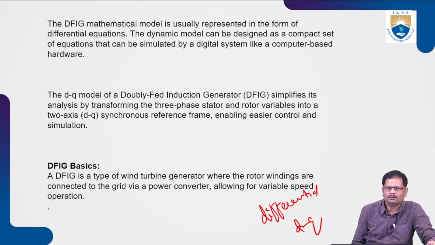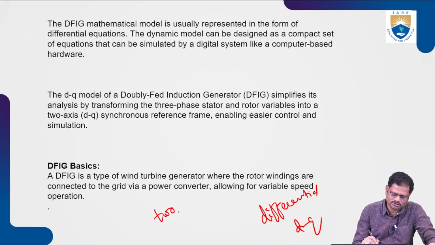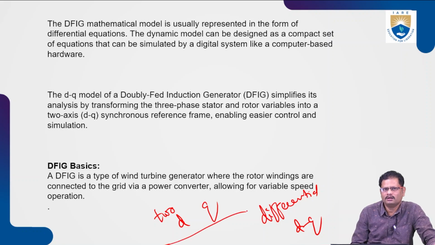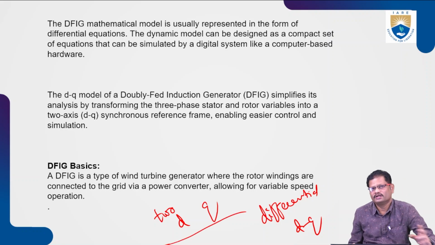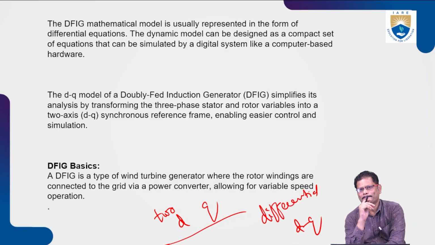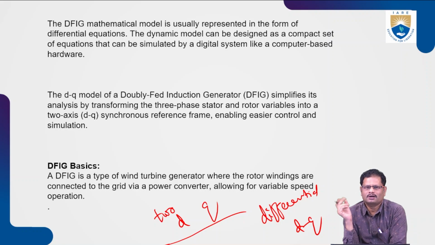The DQ model simplifies the analysis by transforming the three-phase stator and rotor variables into two axes, the D-axis and the Q-axis, direct and quadrature axes. This enables easier control and simulation. So DFIG is nothing but a wind turbine generator where the rotor windings are connected to the grid via power converters.